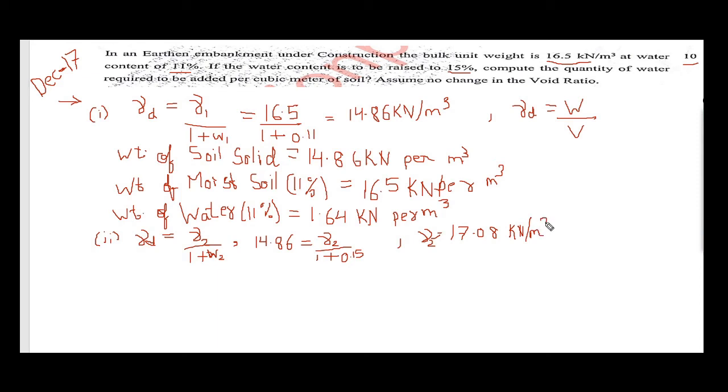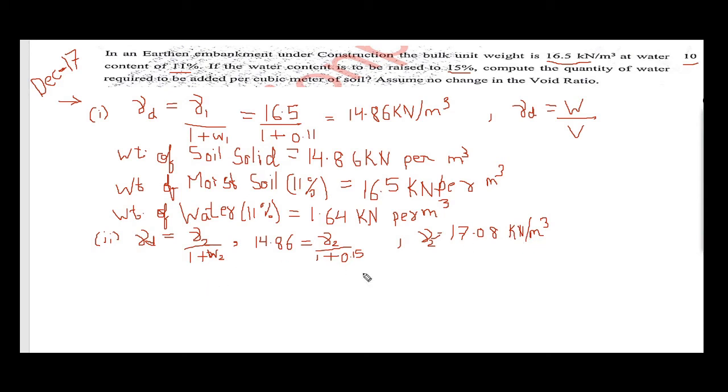Now the weight of the moist soil will be 17.08 kilonewton per meter cube.